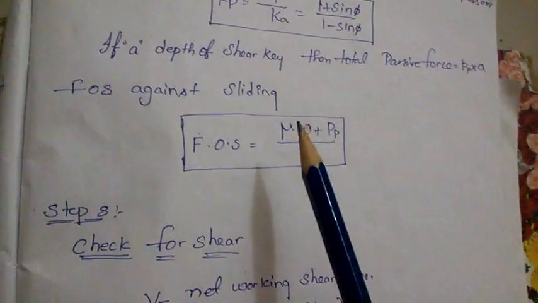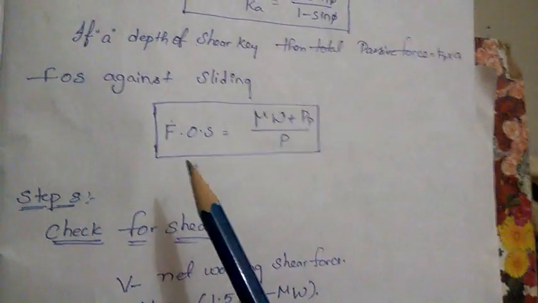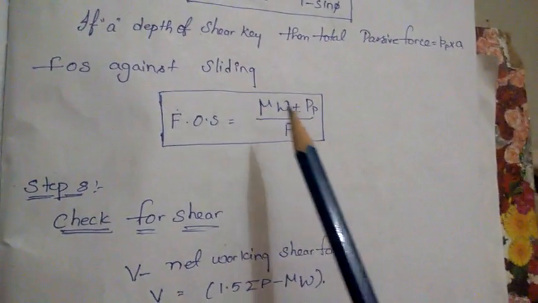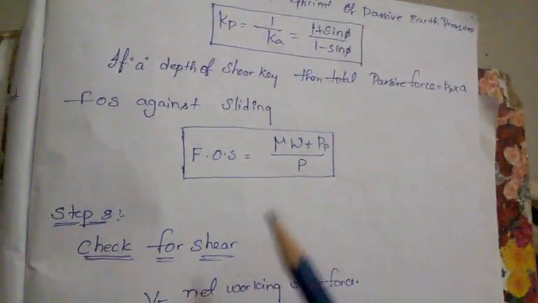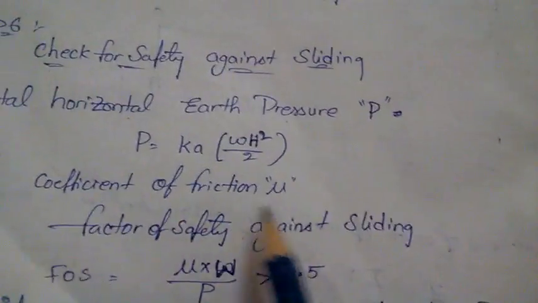Factor of safety against sliding: you should find the factor of safety, which is mu into (W plus Pp) by capital P. You know that mu is the coefficient of friction, which we told previously.